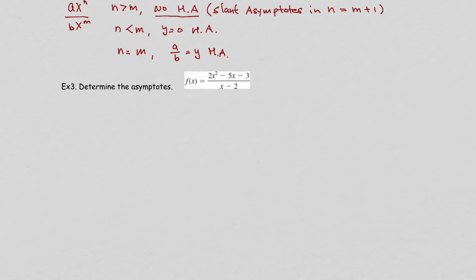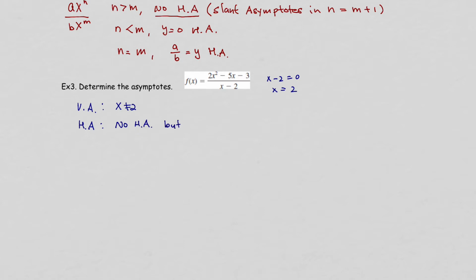So what you're going to say is there will be a vertical asymptote, that x can never equal 2, because when you set the denominator equal to 0, you get x cannot equal 2, right? That's your vertical asymptote. And if you wanted to find horizontal asymptotes, because the numerator degree is higher than the denominator degree, there will be no horizontal asymptote.